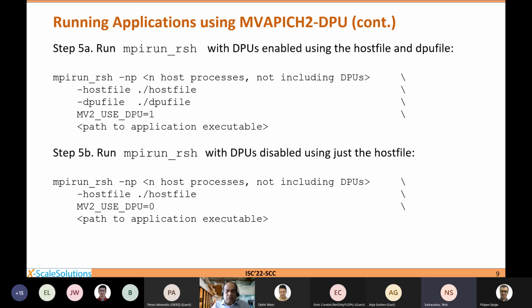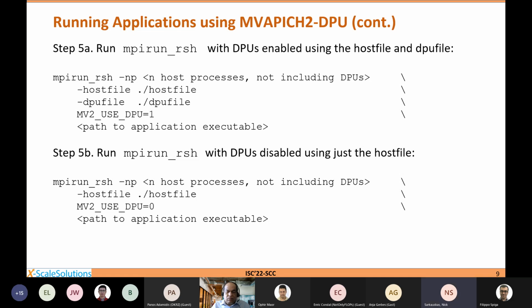And then the last step is to call mpirun_rsh. And at the top is a DPU-enabled example command. So you can see that there's the -hostfile being passed, and then also the -dpufile. And then you can optionally add MV2_USE_DPU=1. So that is enabled by default. And then one important thing to note is that for -np, you only want to include the number of host processes and not including the DPUs.